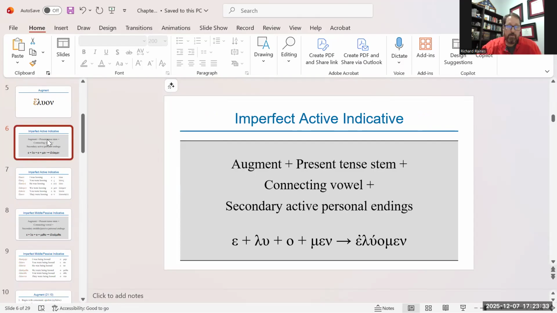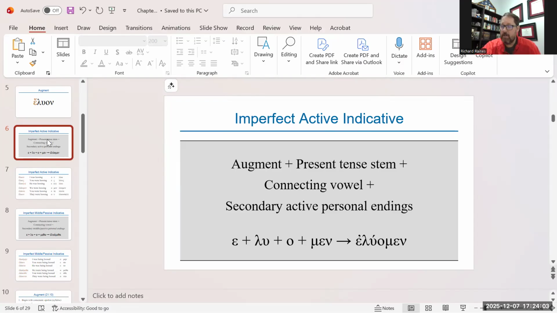If you want to pause and turn to chapter 21 and try to follow along, what you're going to notice really quickly is that I am skipping a significant amount of content in chapter 21. We haven't really focused too much on this master personal ending chart that Mounce puts out, and it may come back to bite us in the future.